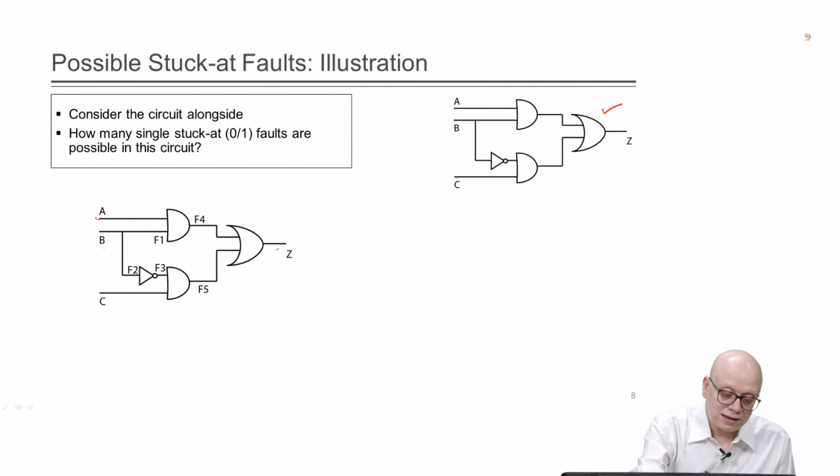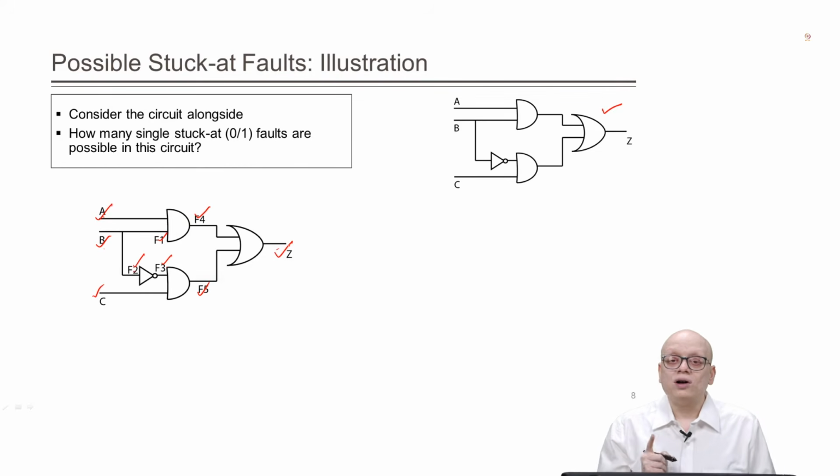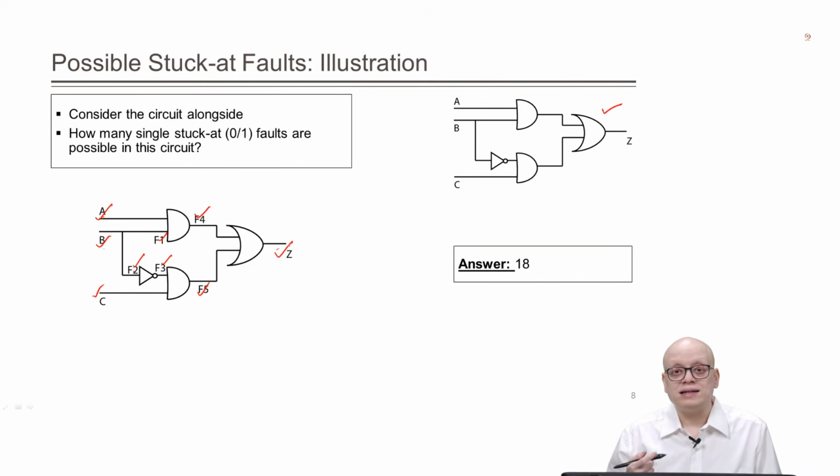One is A, B, F1, F2, F3, 1, 2, 3, 4, 5, 6, 7, 8, 9. Now, on each fault site we can have 2 types of fault, stuck at 0 and stuck at 1. So, total how many faults are possible? 9 into 2, that is 18 single stuck-at faults are possible for this circuit.